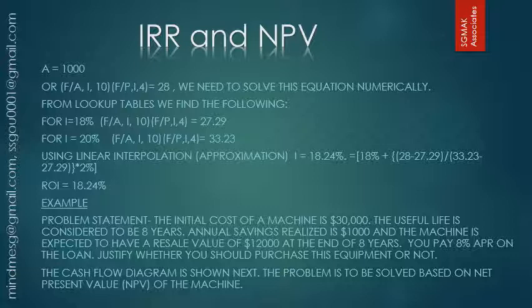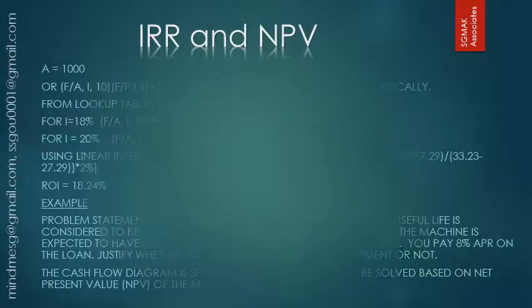Justify whether you should purchase the equipment or not. So this is a typical decision based on net present value, and your rationale is that if net present value is greater than 0, it's a good investment. Net present value you compute by finding the net present value of all benefits minus the net present value of all costs.